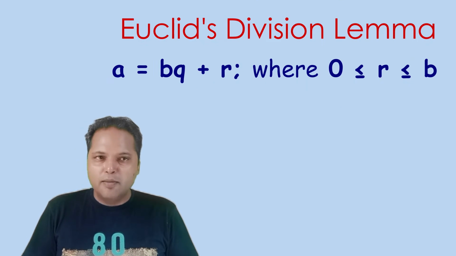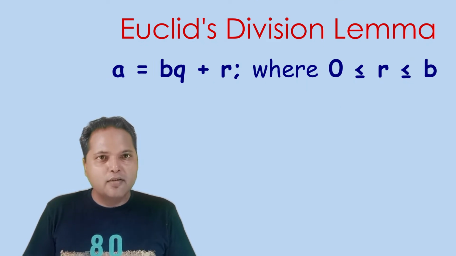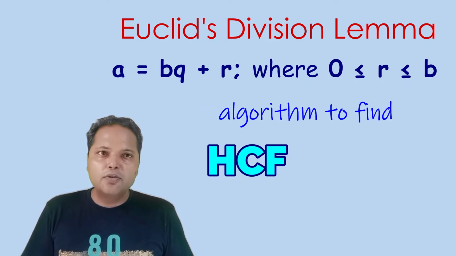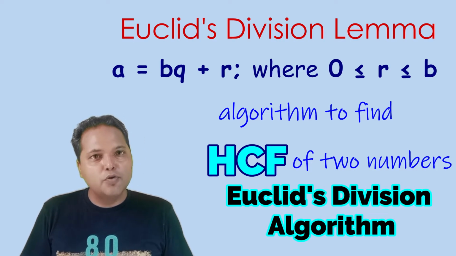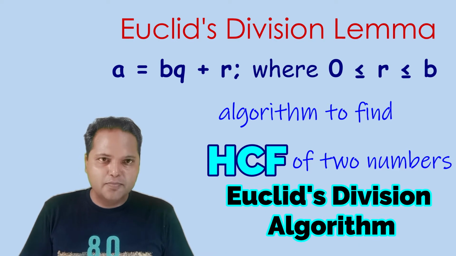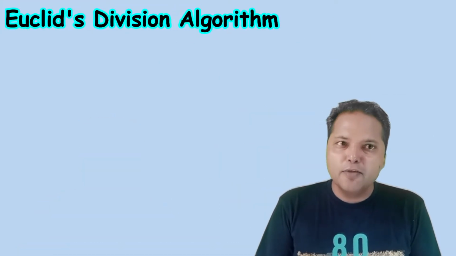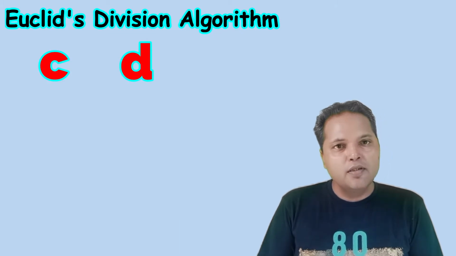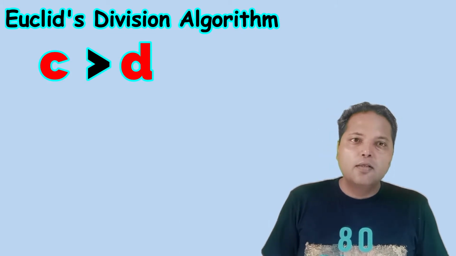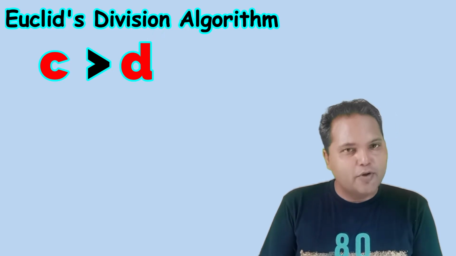Now using this lemma, Euclid actually created an algorithm to find out the HCF of two numbers, and that was called Euclid's division algorithm. And that says the HCF of two positive integers c and d, where c is greater than d, can be identified by following steps.